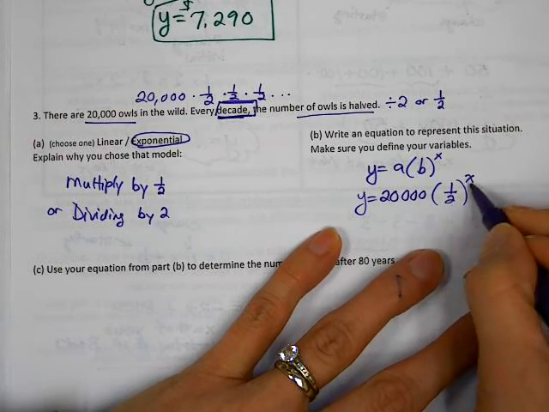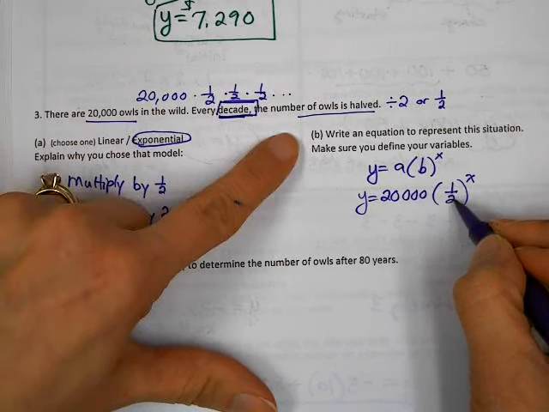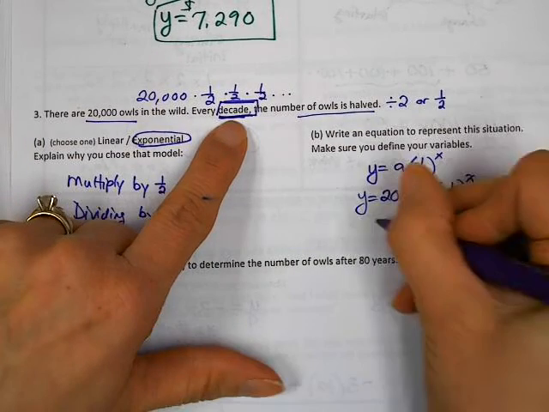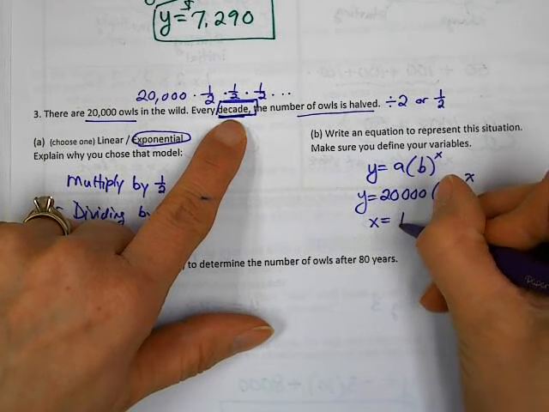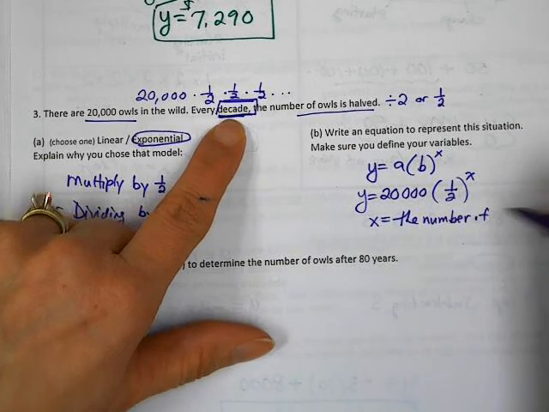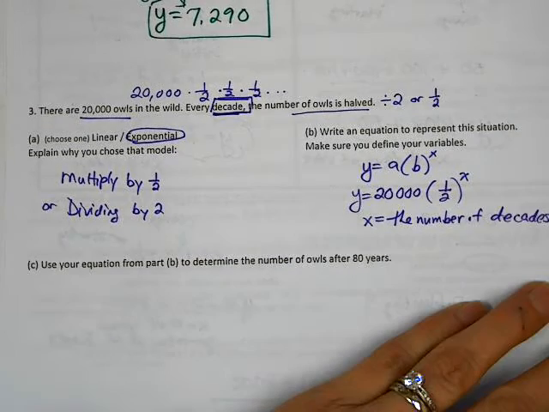Well, what does x mean? I keep multiplying by a half. How often does it get halved? Every decade. So x equals the number of decades. Do you guys know what a decade is?